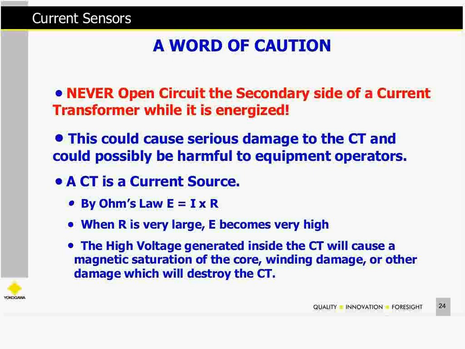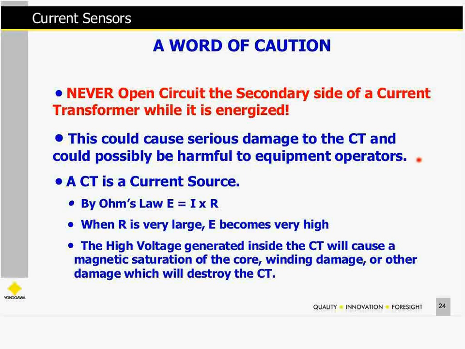Now here's a word of caution. Never open circuit the secondary side of a current transformer while it's energized. This can cause damage, serious damage, to the CT, and even could cause possible harmful damage to the equipment or the equipment operators.